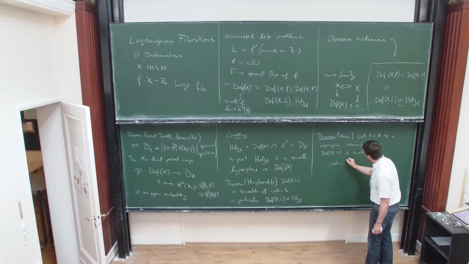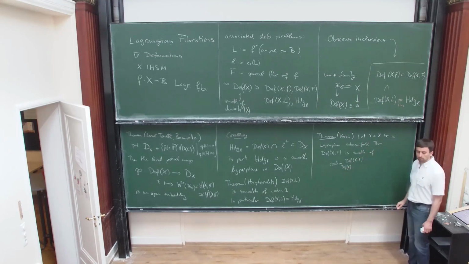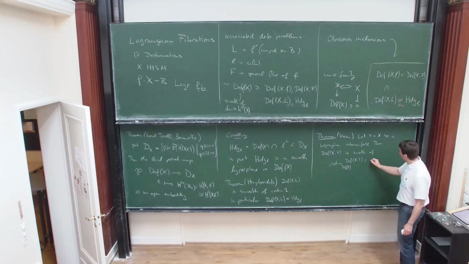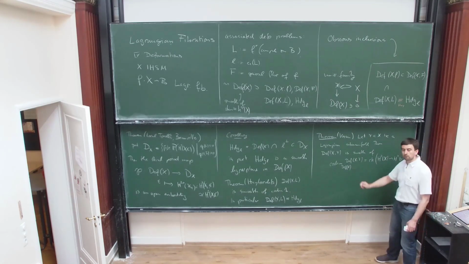So the codimension of Def(X, Y) inside Def X is equal to the rank of the restriction map in second cohomology. So I take H^2 of X, I restrict to the submanifold, H^2 of Y, take the rank of it, and that's the codimension.